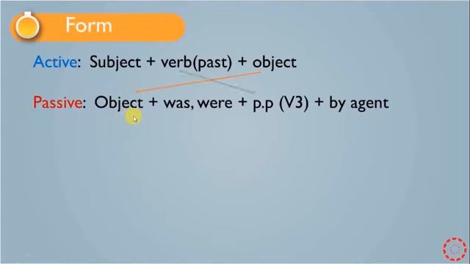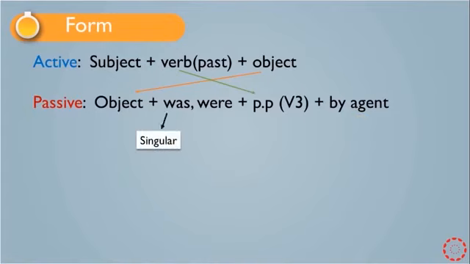And then we write was or were, and after that we change the verb from past simple to the past participle, and then we may have by agent if we want to mention the doer of the action.